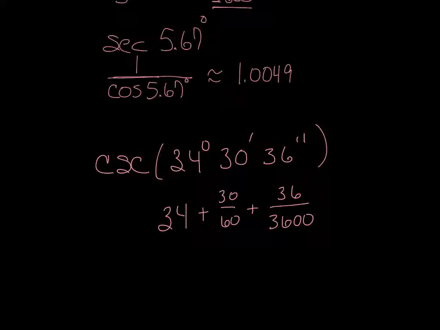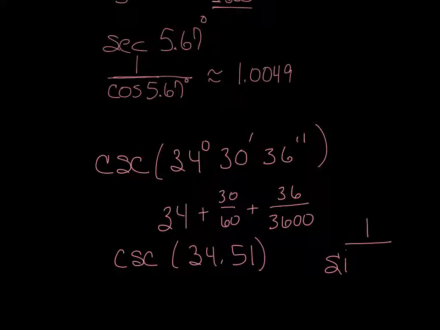Whatever you get there, what is that decimal? We know it's going to be 34 something. 34.51. So what are you going to plug into your calculator? 1 over the sine of 34.51.